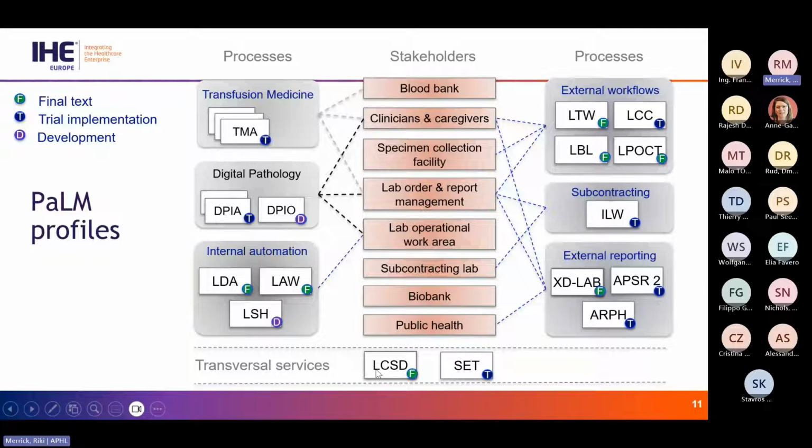So that's the laboratory catalog exchange, where the laboratory, or a specimen collection manual, where the laboratory lists all the tests that they have to offer, including all the details around what results will be coming back for those tests, so that receiving system can be set up for electronic data exchange, and the specimen event tracking trial implementation specification that ensures that you can always know where in the workflow process your specimen is and what the next step for it might be.